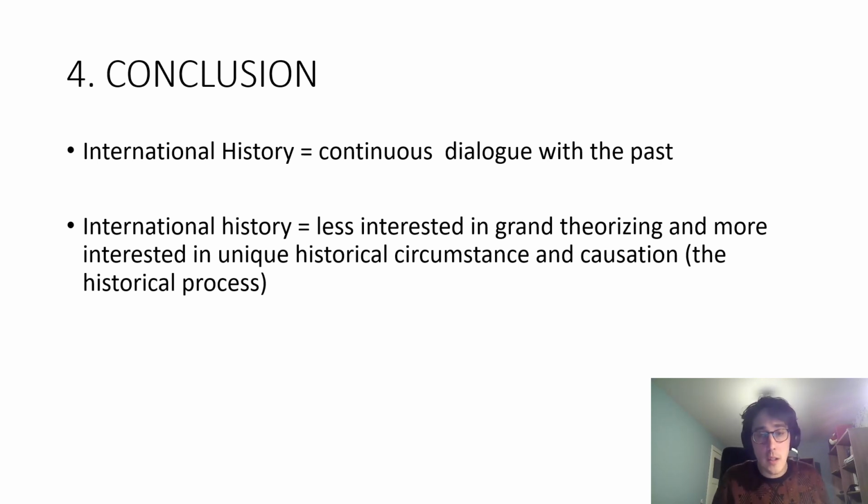International history is less interested in grand theorizing and more interested in unique historical circumstances and causation, rather than IR theory, which is more interested in developing big theories about the international system that we as historians can then use to maybe inform our history writing. But it's something that we're very cautious and skeptical about.